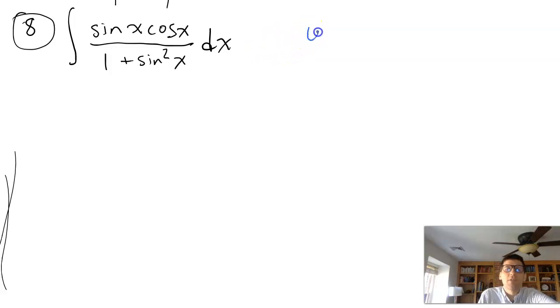So after tinkering with it for a bit, I decided that what would be best was to start by just keeping u simple as sine of x, which then means du would be cos of x dx.